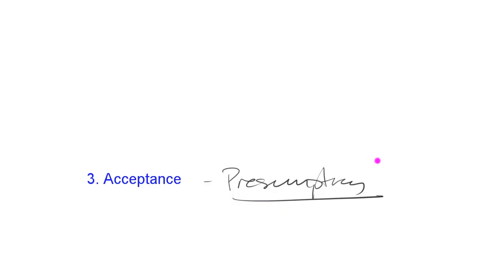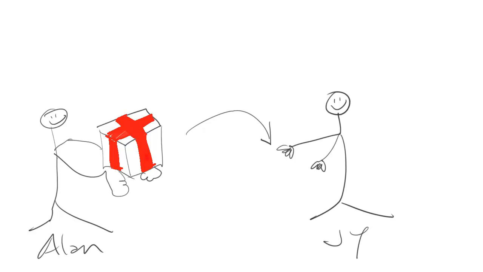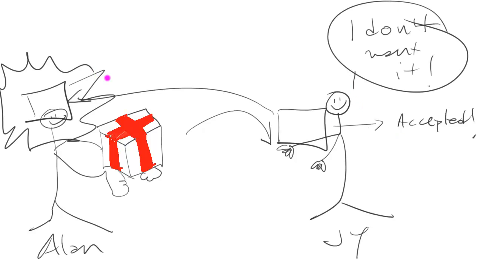Now, that presumption can be overcome by an affirmative rejection by the gift recipient. So, to be clear, once Alan puts the present into JY's hands, this is deemed to be accepted, unless JY throws the gift back at Alan and says, I don't want it. Then that presumption has been overcome. So that's basically it on the basics of personal property.